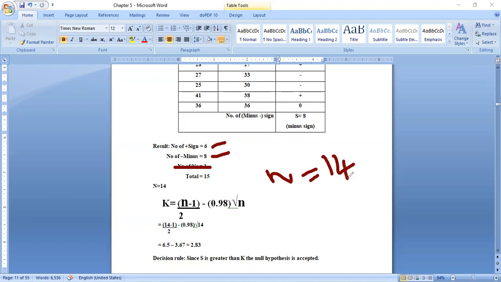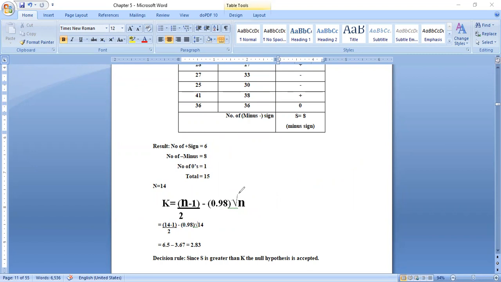How many plus and minus signs are there? Those plus and minus signs we need to consider. Observe carefully, this is a principle. This formula is applicable for both the small sample sign test and the large sample sign test. The same principle is applied in both cases.